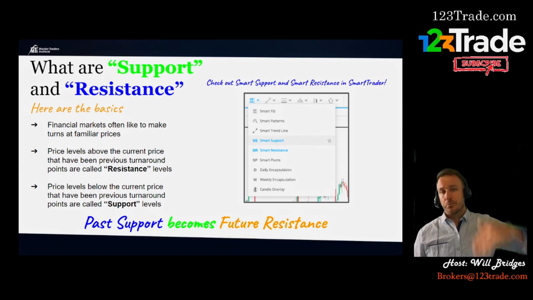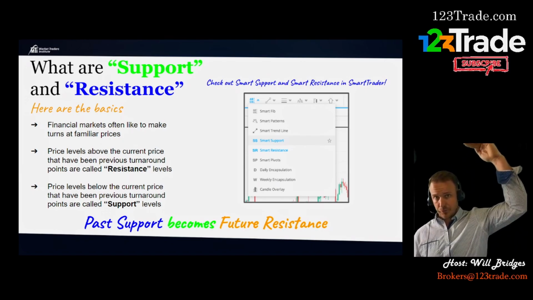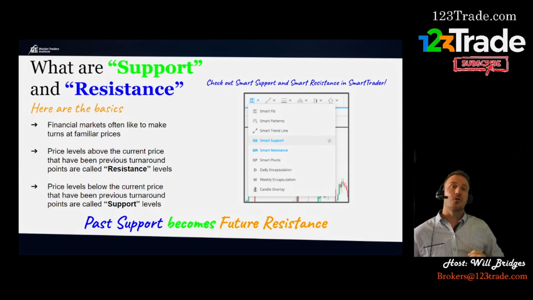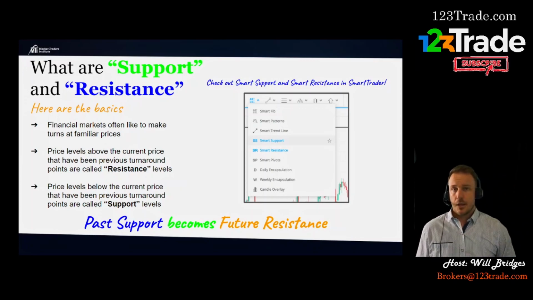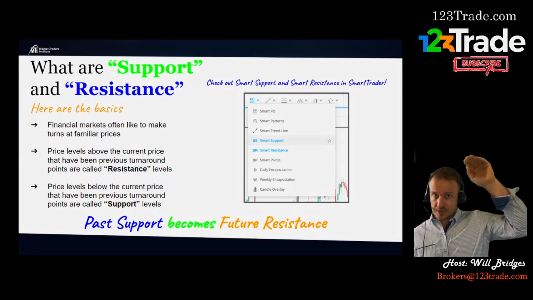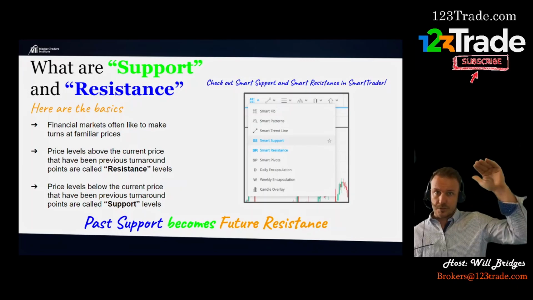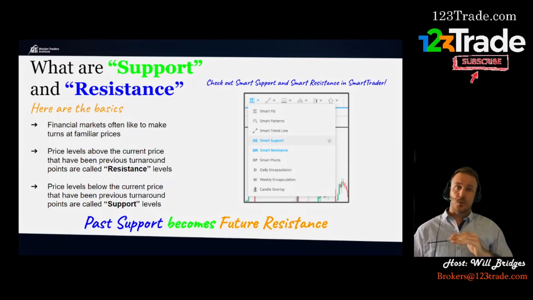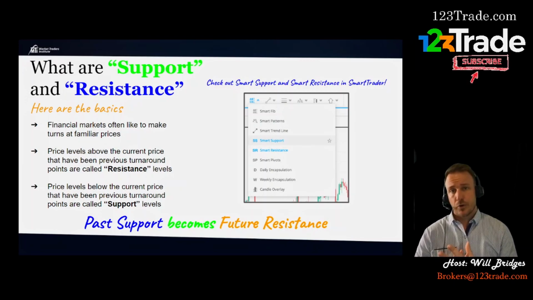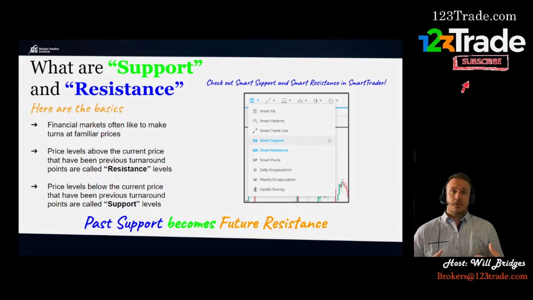Price levels that are above your current market price are called resistance. That's where people don't want higher prices, and where people start to sell and take profit. Support levels are where the buyers typically take over, because that would be considered a relatively low price, and there's no reason to let it come any lower.